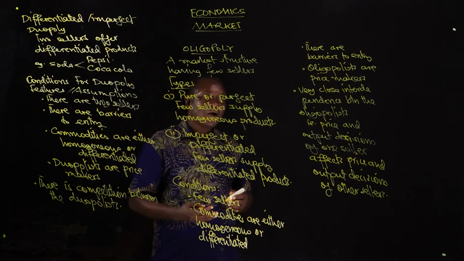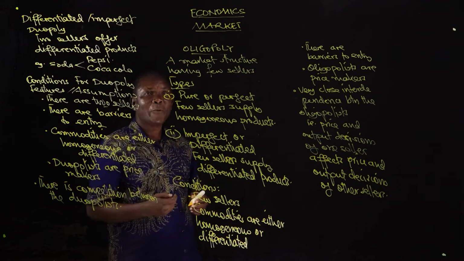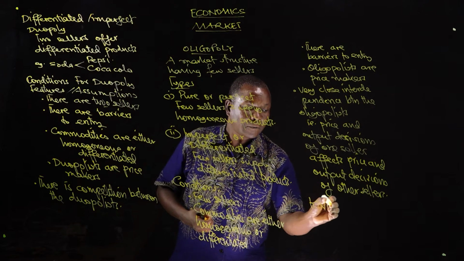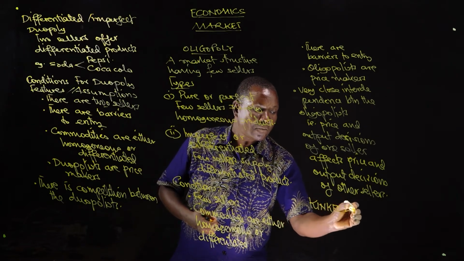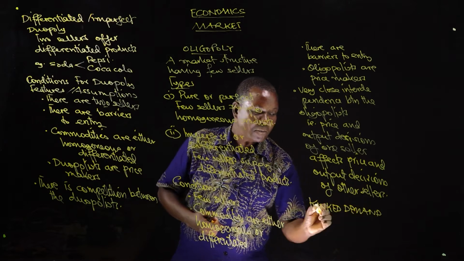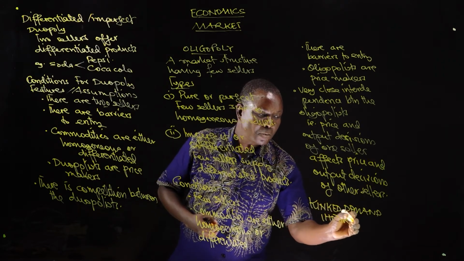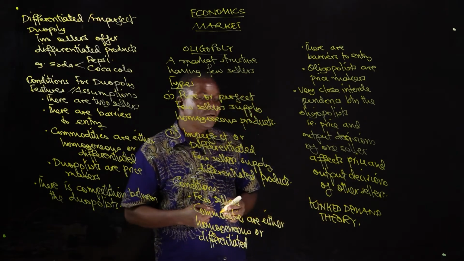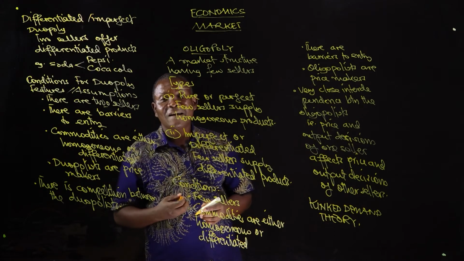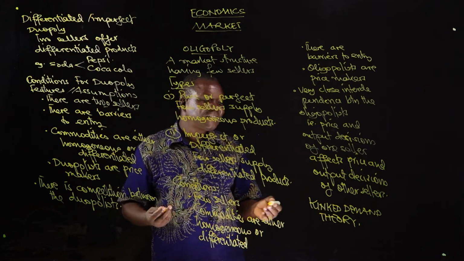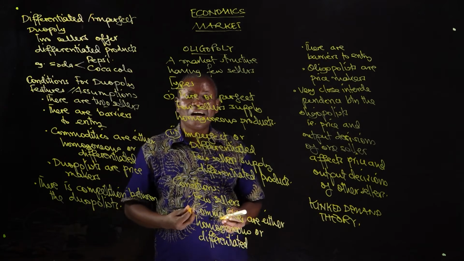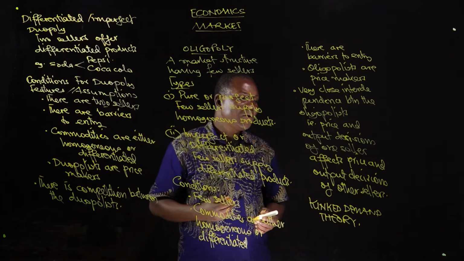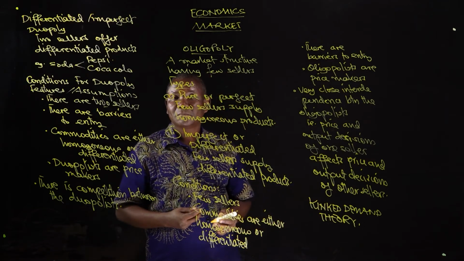There is one thing which is of interest under oligopoly. We have something called kinked demand theory. The kinked demand theory is a theory which was put forward by Professor Paul Sweezy. And this theory is simply stated as that there is a tendency for a uniform or common market price to be formed in an oligopoly market.